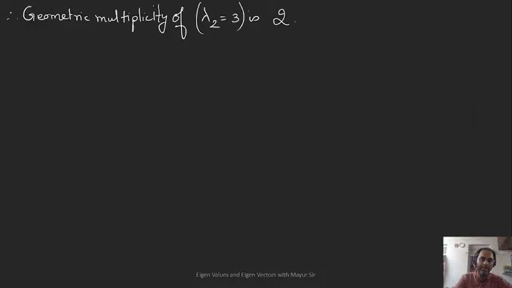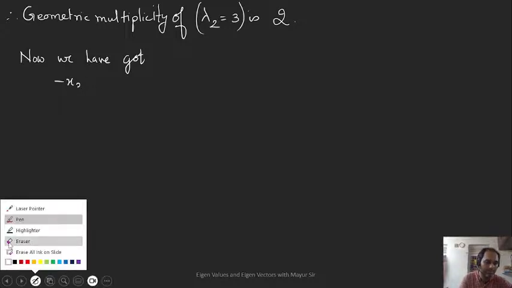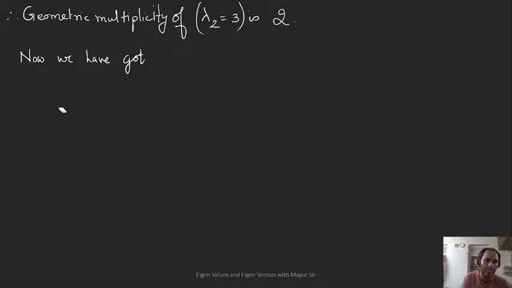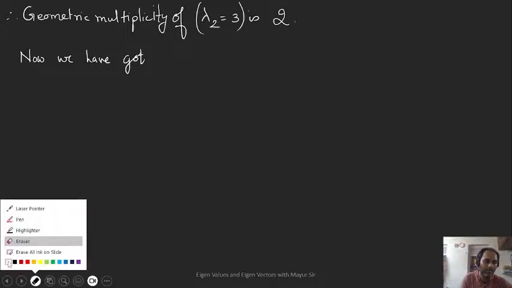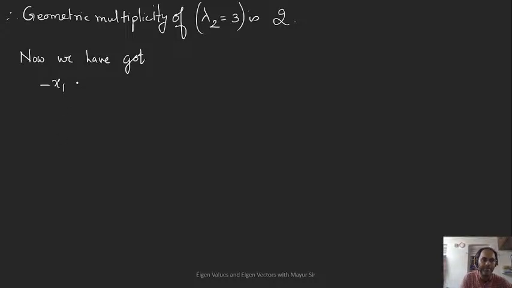So we have got minus x1 plus x3 is equal to 0.